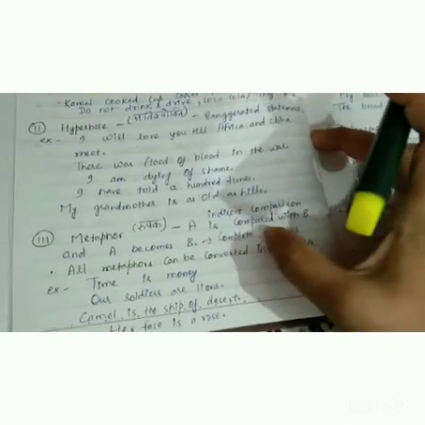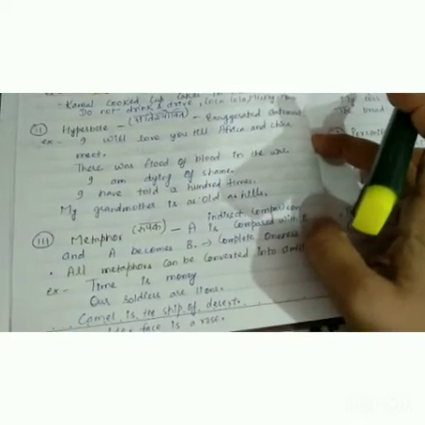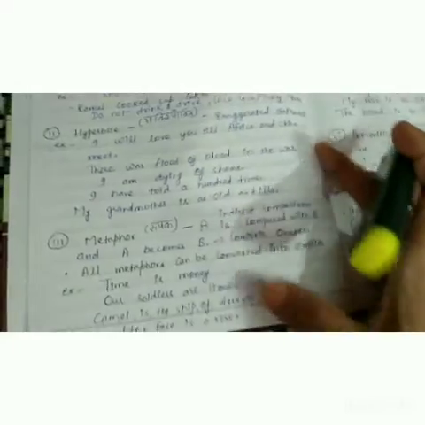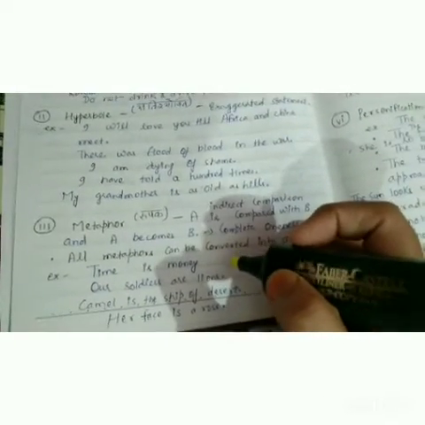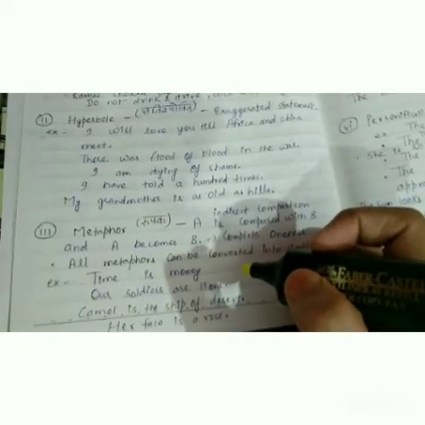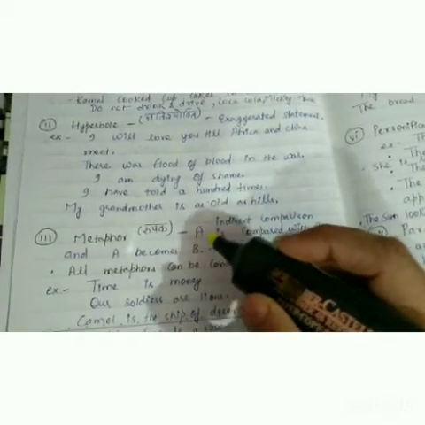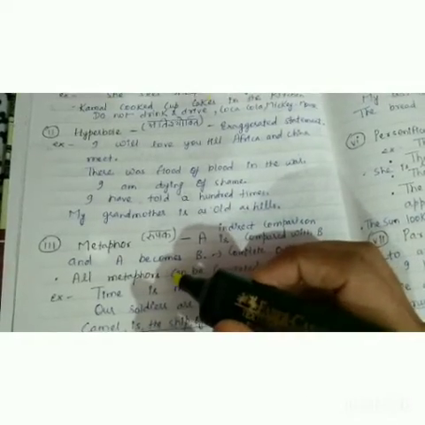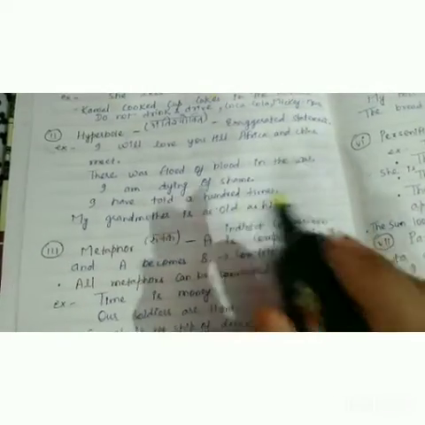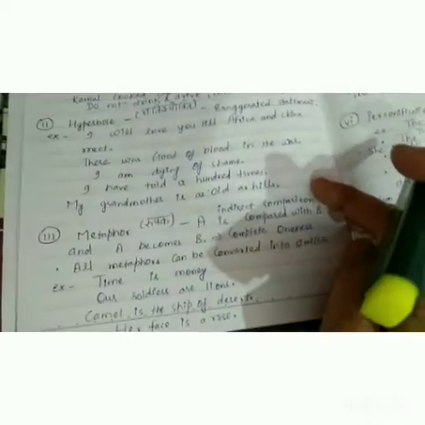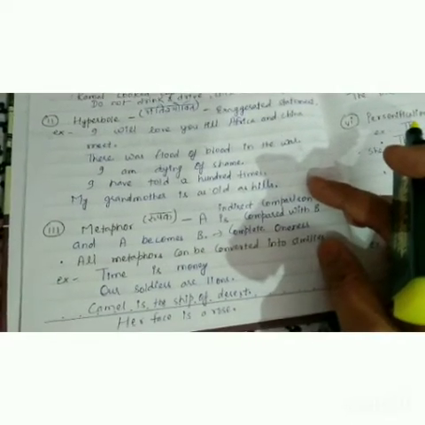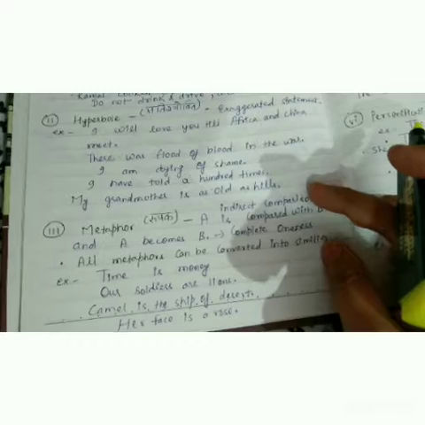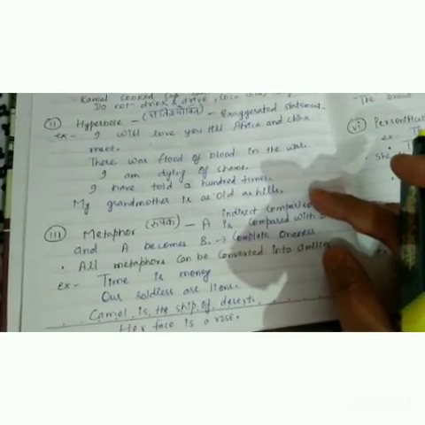Here A is indirectly compared with B. For example, time is money. समय पैसा है. समय को पैसे से इनडायरेक्ट कंपेयर किया जा रहा है, लेकिन समय को पूरा पैसा ही बताया जा रहा है. Our soldiers are lions. हमारे सैनिक शेर हैं. बेशक शेर हैं वो.